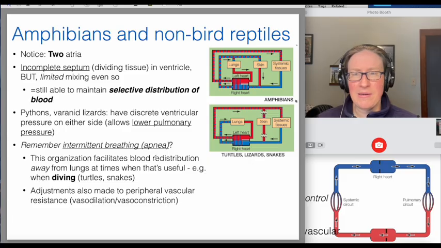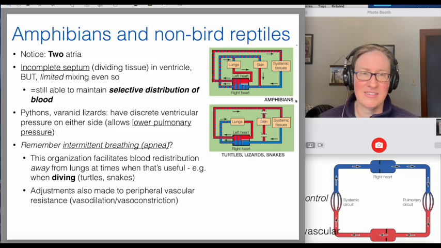And then if we think about the fact that these groups engage in apnea or intermittent breathing, having an incomplete division in the ventricle is really helpful because it means that blood can be redistributed away from the lungs at times when it's useful to avoid using the energy to pass blood through the lungs. So specifically, when animals are diving, they're engaging in apnea, they're not breathing using their lungs.